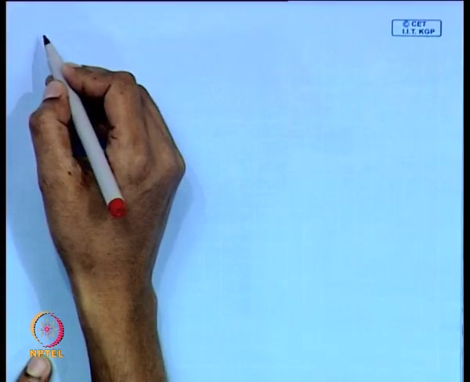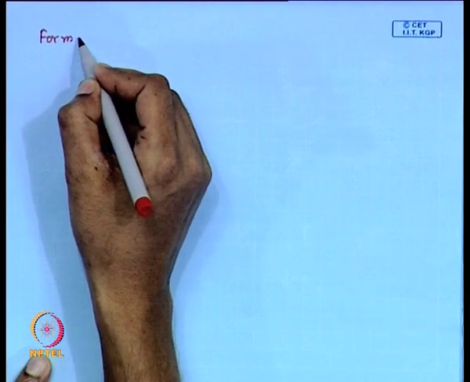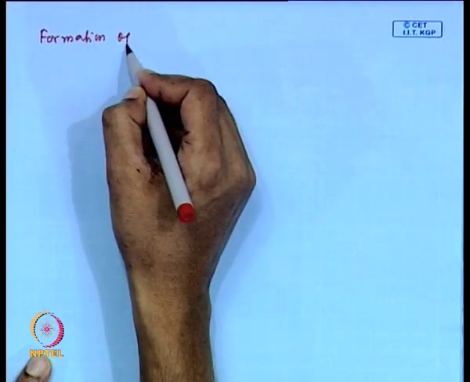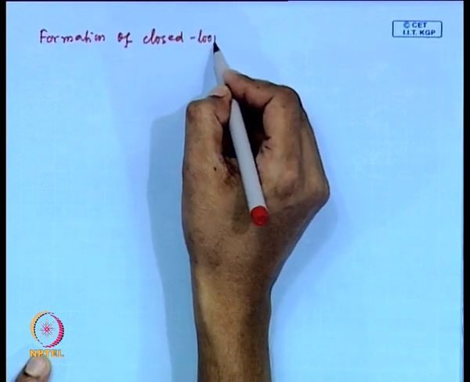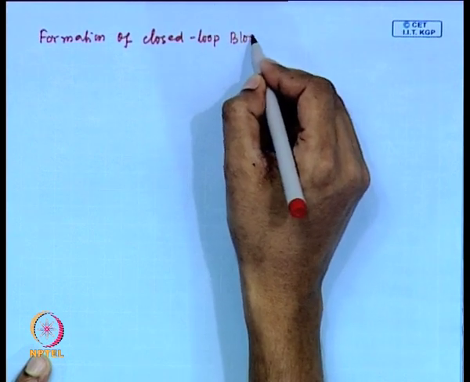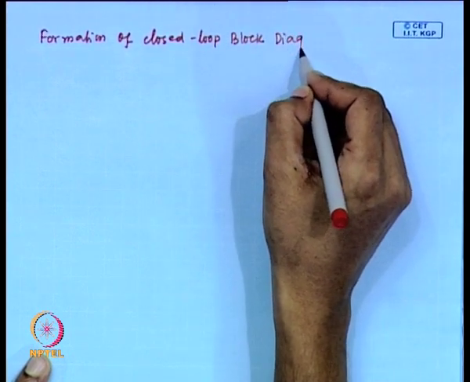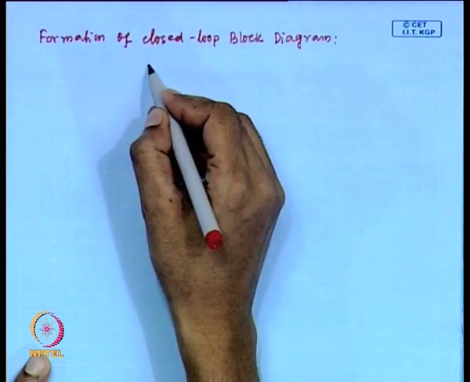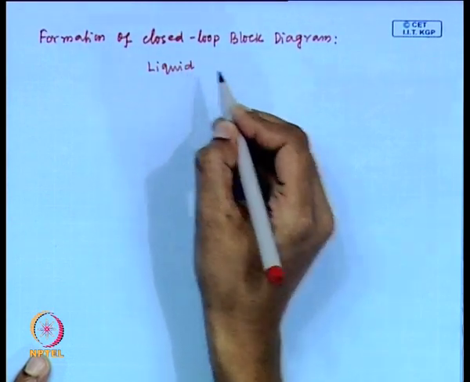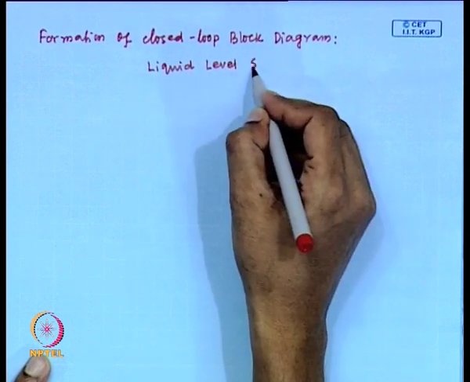So, next we will consider one example to discuss the formation of closed loop block diagram for a liquid level system.